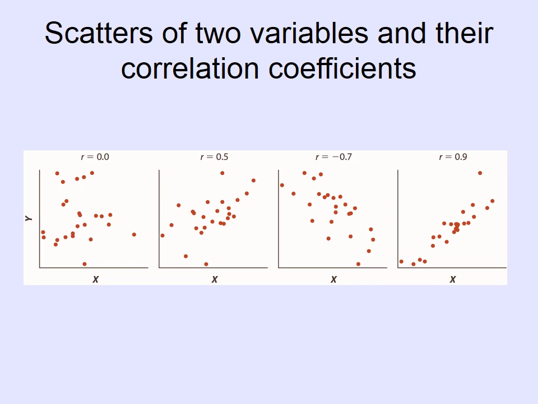So we get a negative correlation. And those dots are pulling together even closer along what we could imagine a line going through all those. And in the last one, those dots are pulling even closer together along that linear pattern. In a positive correlation, X goes up, Y goes up, so our correlation coefficient is 0.9.